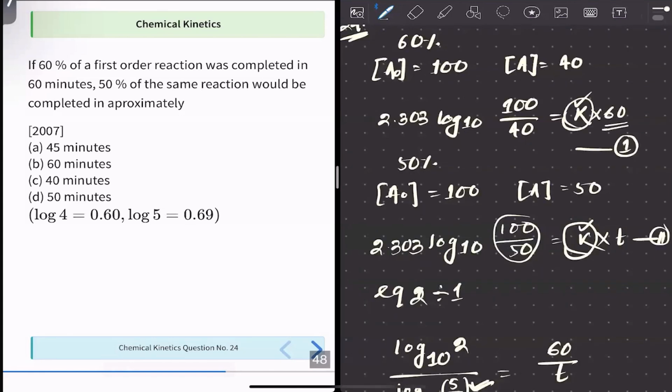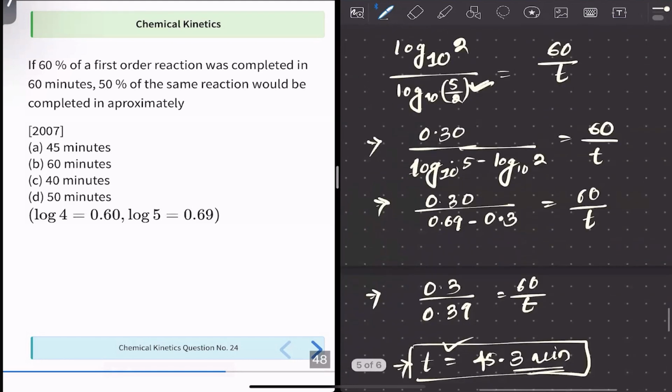The question is asking 50% completion, so we have to find the t half. After that you can use 0.693 by k for t half. Whichever method you find easy, you can apply that.